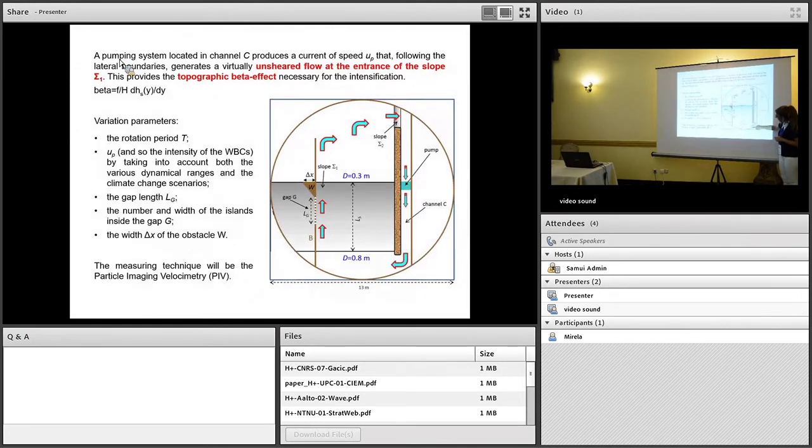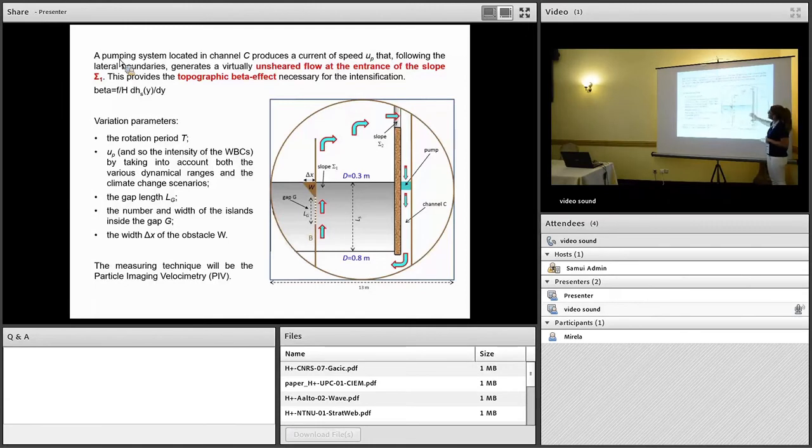We have an opening that produces, at this side of the platform, a quite uniform flow. And then we have a topography, so the full depth of the water within the tank is decreasing from 80 centimeters to 30 centimeters.